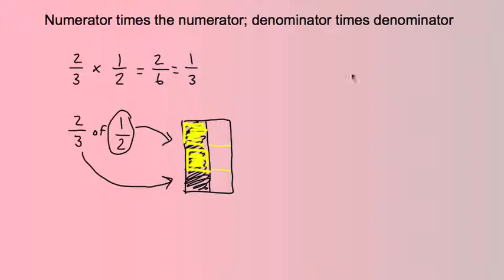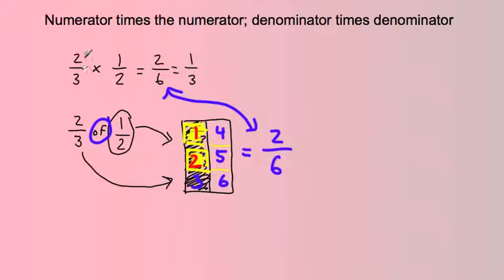So that's 2 out of 6 parts. That's the same thing, right? So visually, this is what it looks like. You're going to see this today, but really what we're doing is that times that, that times that.